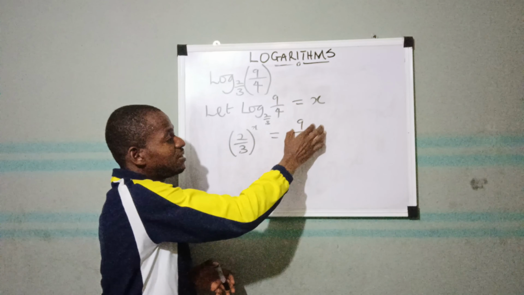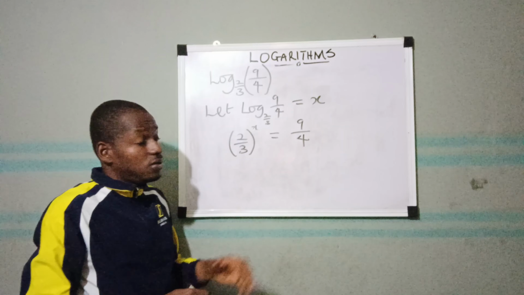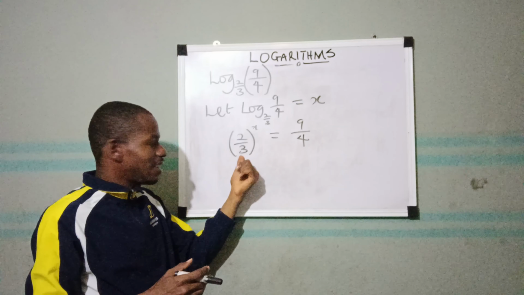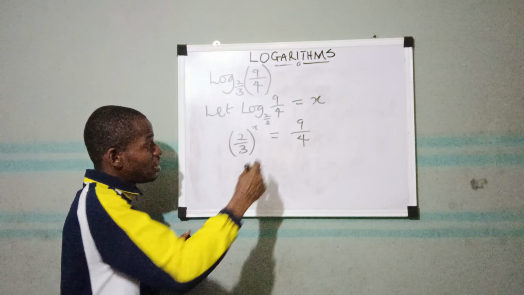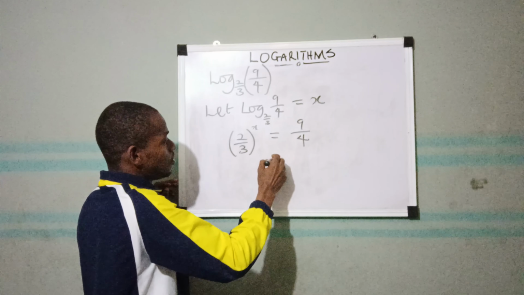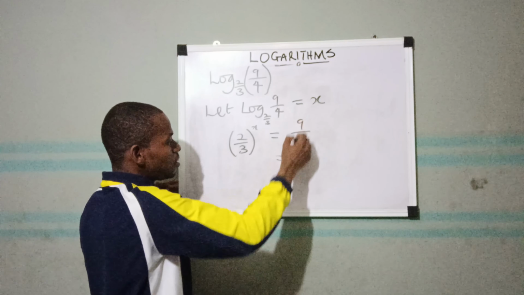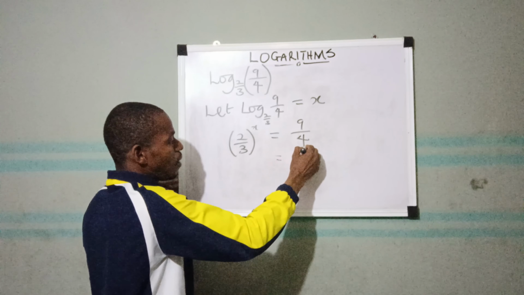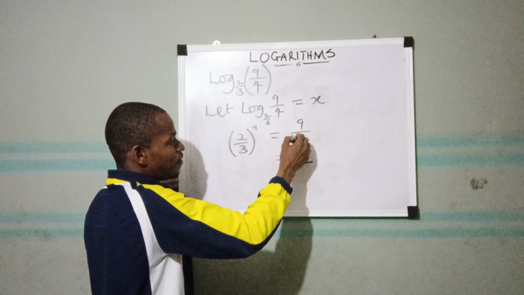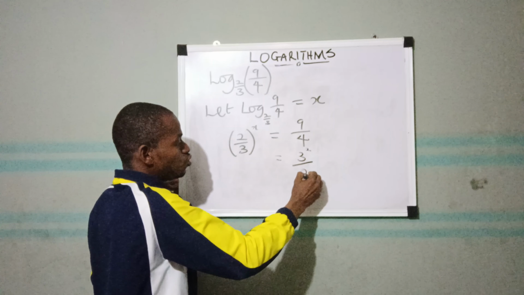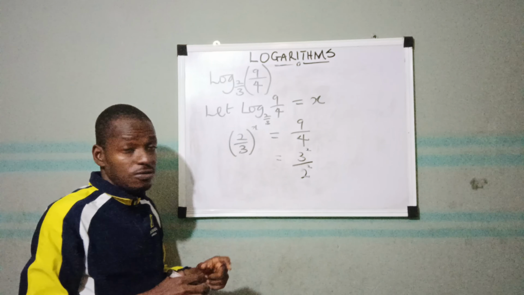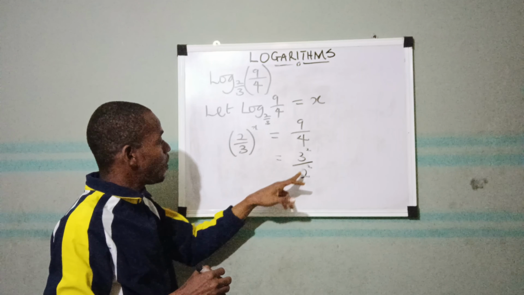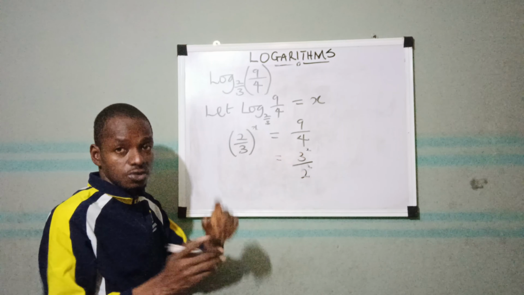Now, let's break down this 9 over 4. Let's rewrite it so that it will look like what we have here, 2 over 3. How do we do that? We know that our 9 is the same thing as 3 raised to the power of 2, and our 4 is the same thing as 2 raised to the power of 2, because 3 raised to the power of 2 is 9, and 2 raised to the power of 2 is 4, 2 times 2.